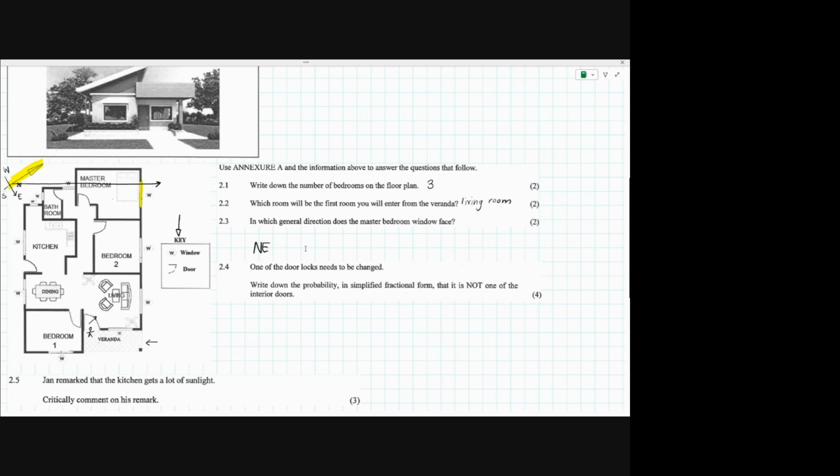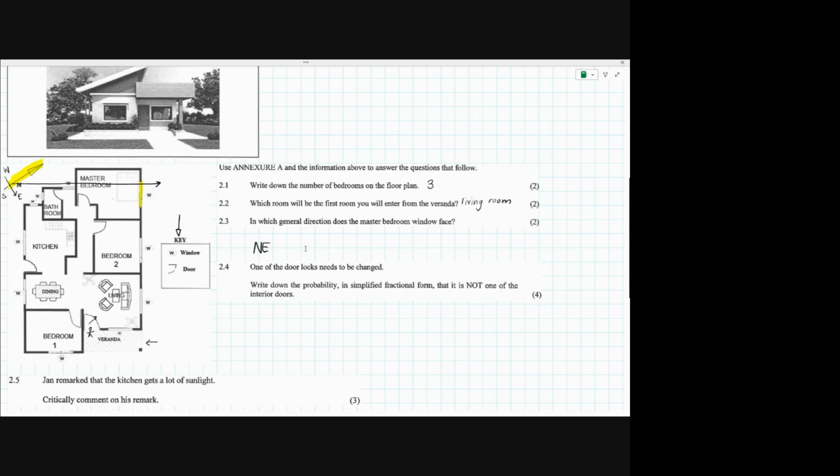This is asking a lot, and you do talk about this when you talk about floor and elevation plans, but not a lot. But then you talk about things like sun rising in the east, setting in the west. You would get a fair amount of morning to afternoon sun, but then it would be quite cold in the evenings, etc. Like I say, not really a question we usually ask, but it is something that they could ask. So just have that somewhere in the back of your minds.